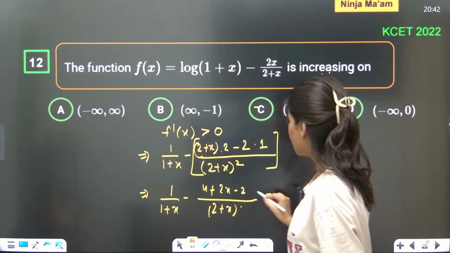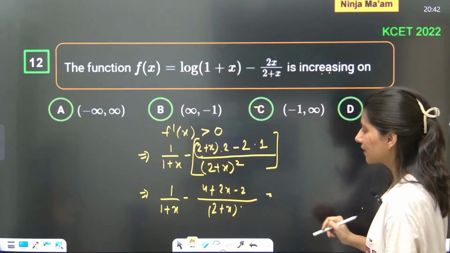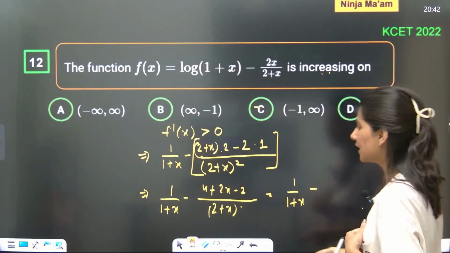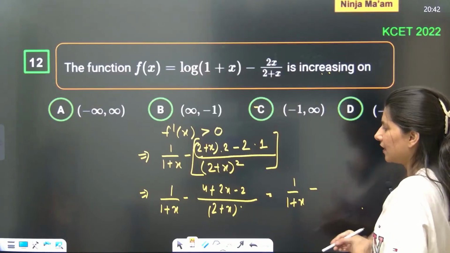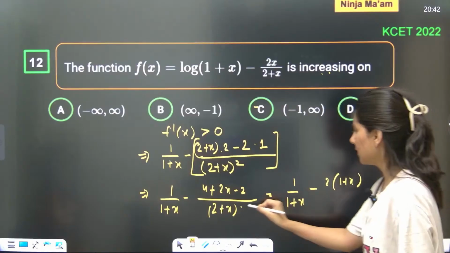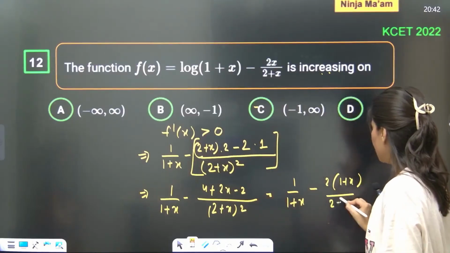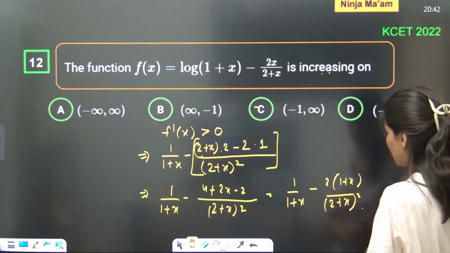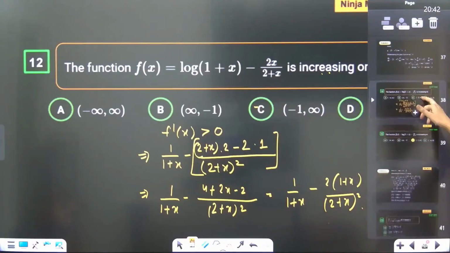Okay? So this is what? 2x. So 1 upon 1 plus x, correct? Minus, this is what? Tell me. 2 plus 2x, correct? So 2 times 1 plus x, and this is 2 plus x whole square. Correct? This is your f dash x, right or wrong?